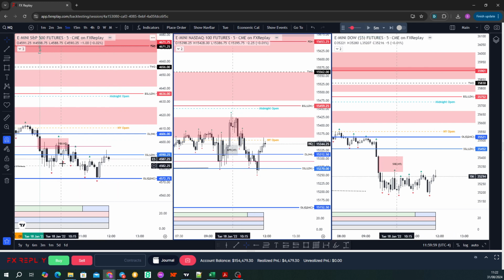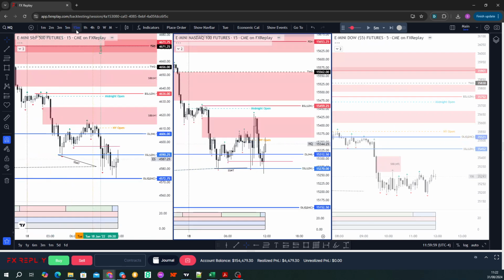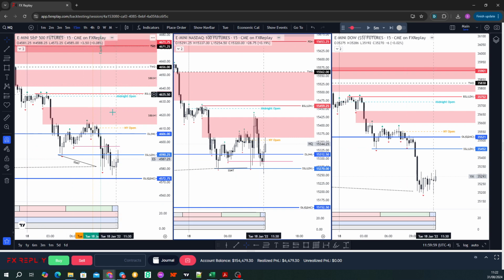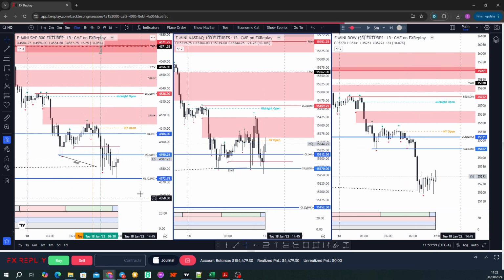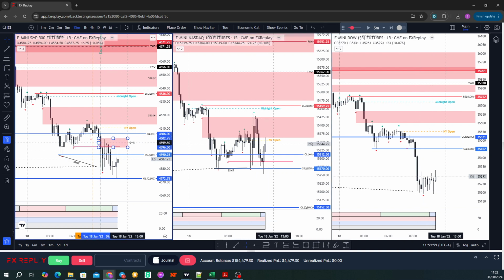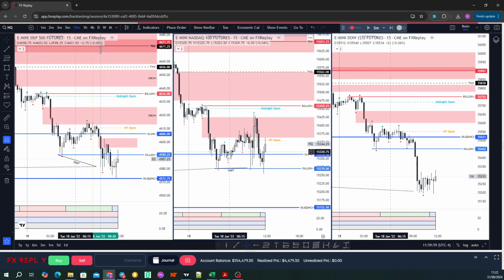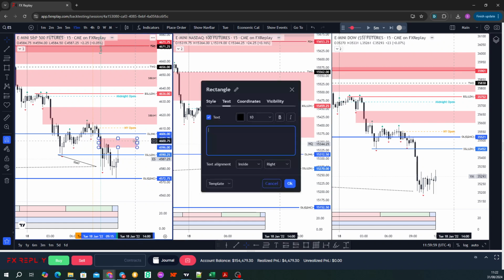That was the initial SSL. I mean, now we've traded all the way down here. A lot of chop. We can move that for now. Okay.